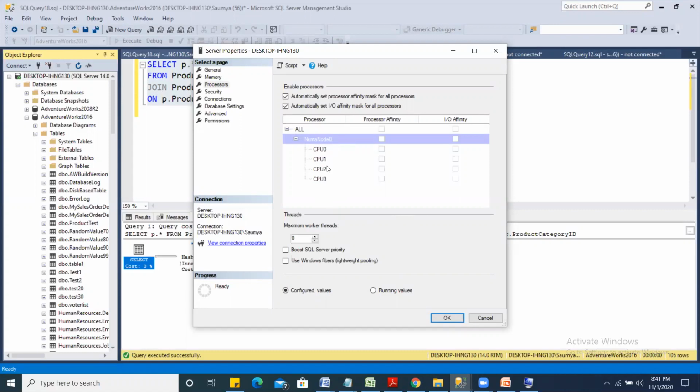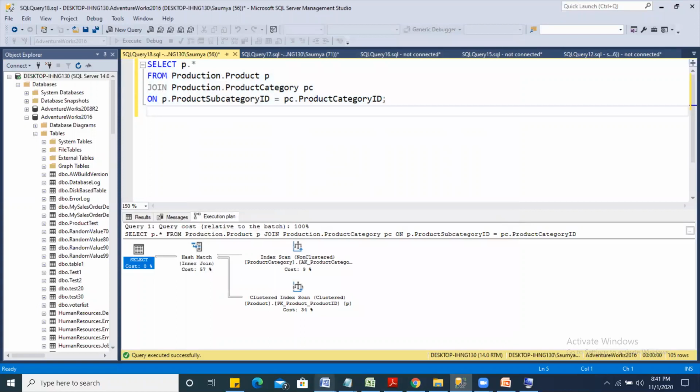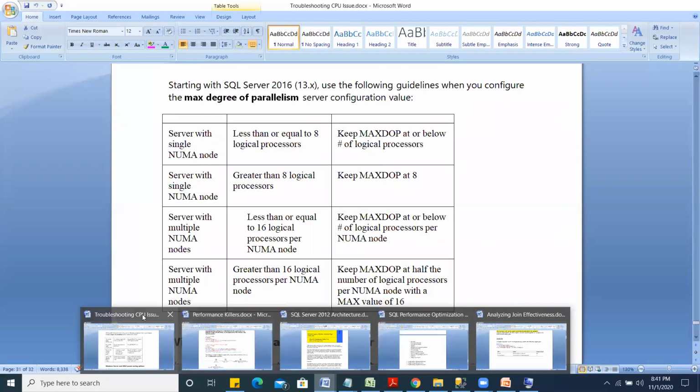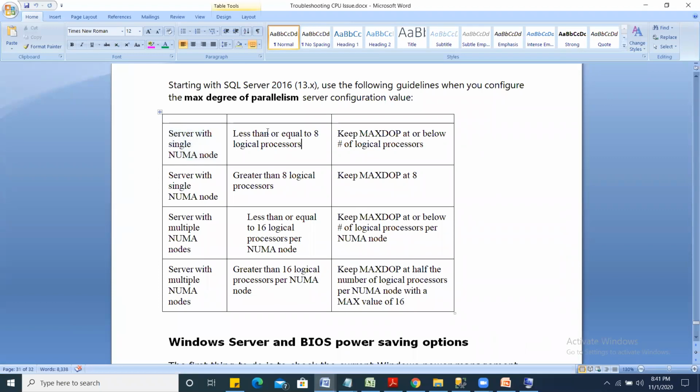So I think that now you people are clear with NUMA node. This is the recommendation from Microsoft. This is not my recommendation. If you have a server with a single NUMA node and you have say 4 or 8 logical processors, keep the max DOP value at or below the number of logical processors, right?